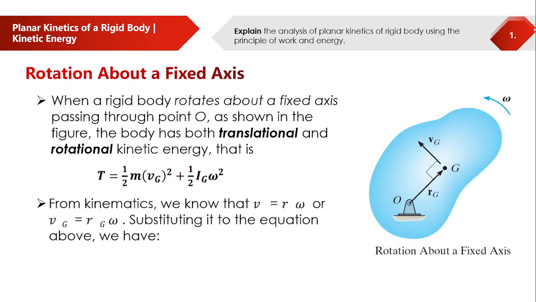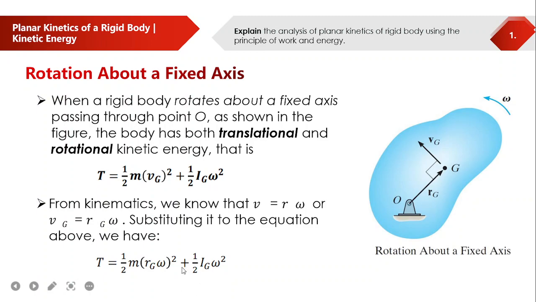Alright, so from the kinematics, we know that V is equals to R times angular velocity, or V sub G is equals to R sub G times angular velocity. Substituting it to the equation above, we have, ayan. So, para ma-uniform naman, di ba?